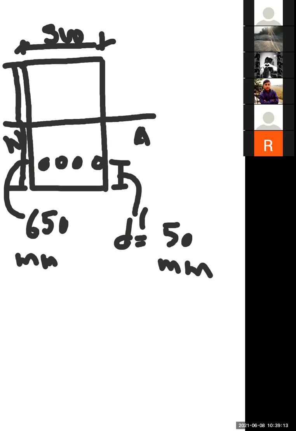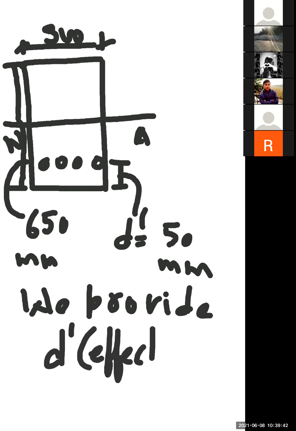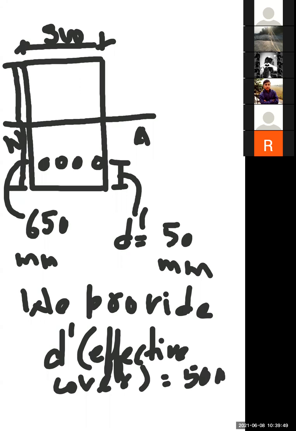Then write down, let's assume we provide D dash, means effective cover is equivalent to 50 mm, and from here to here, what is this distance?